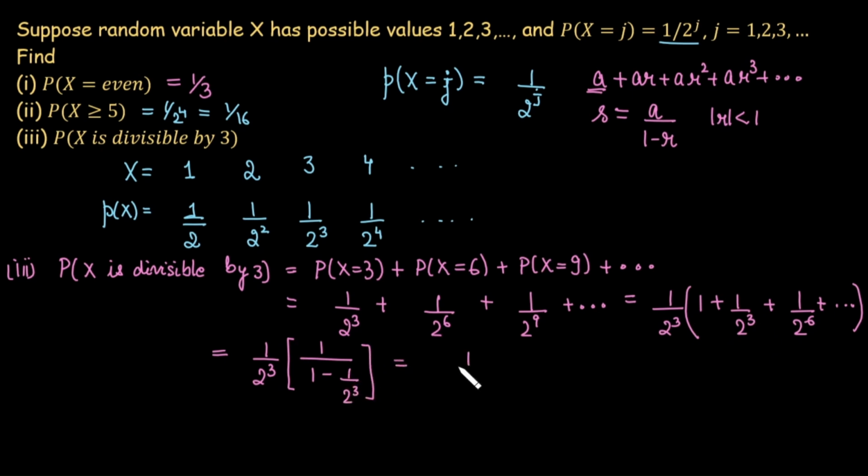This is equal to 1 by 2 raised to power 3 into 1 upon 2 cube minus 1 divided by 2 cube. So this 2 cube gets cancelled with 2 cube. What we have? 1 upon 8 minus 1, that is 7. So in this case the probability is 1 by 7. This is how we can answer this question.